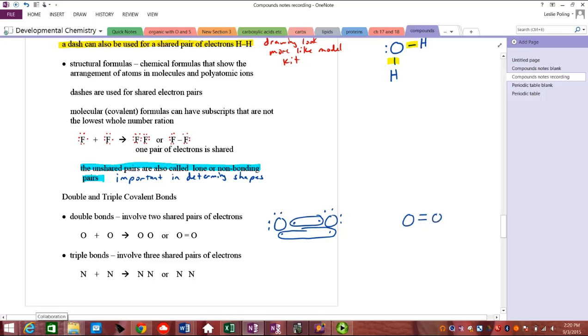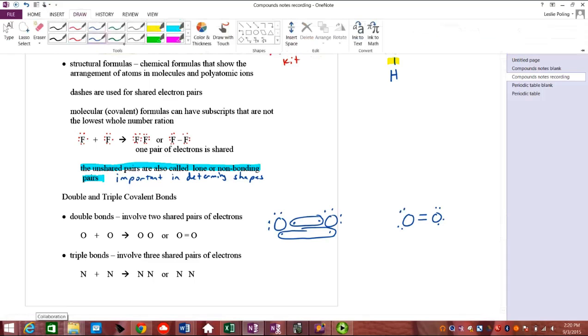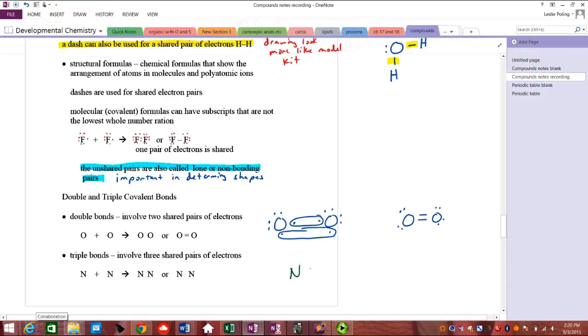So we would write it with 2 dashed lines. We can have a triple bond, in which case 3 pairs of electrons are shared between 2 atoms. So we would draw 3 dashed lines between them.